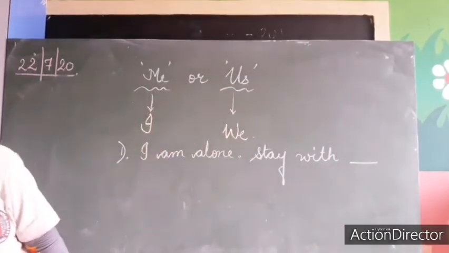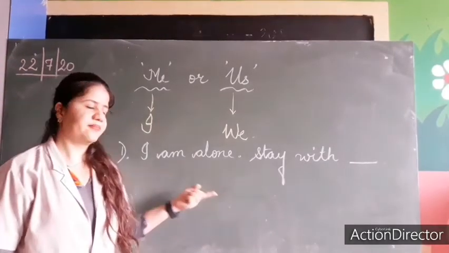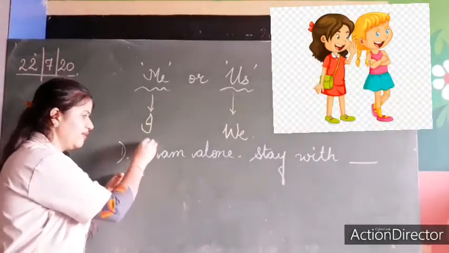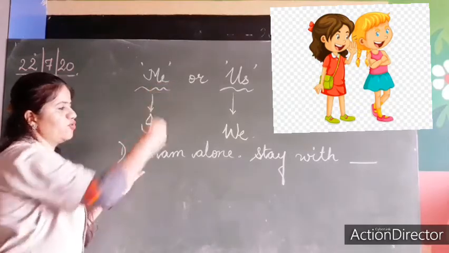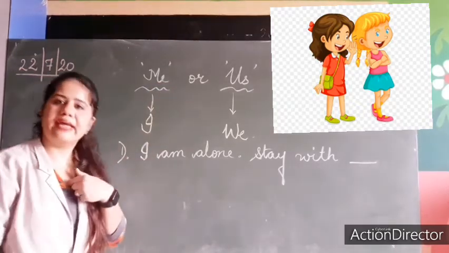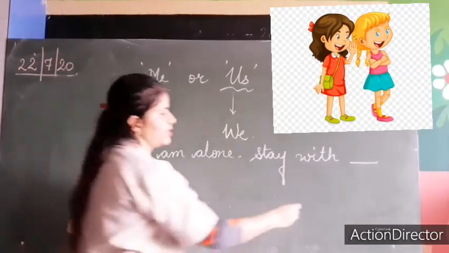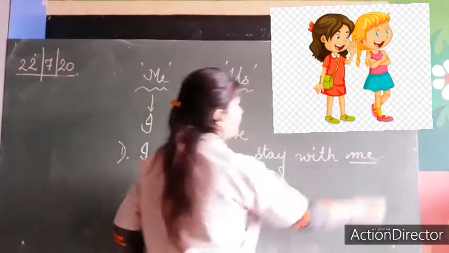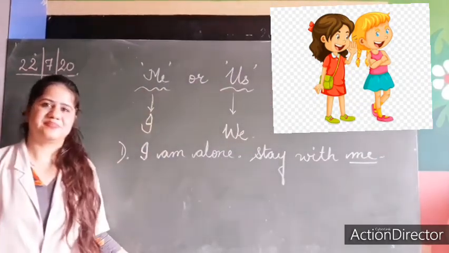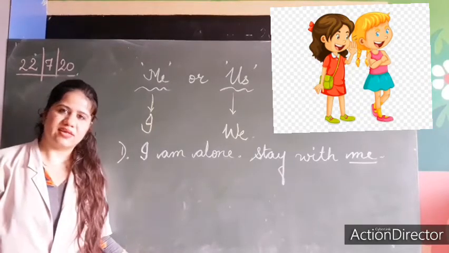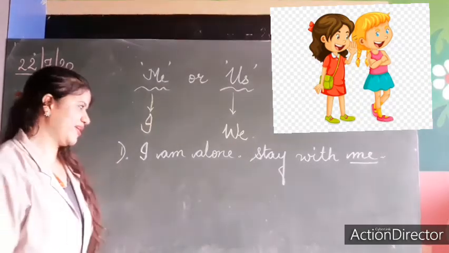So which option will you use, children? I told you whenever there is I, you have to use me. I am alone. Only I am alone. So stay with me. Got it? Yes, simple? Okay.